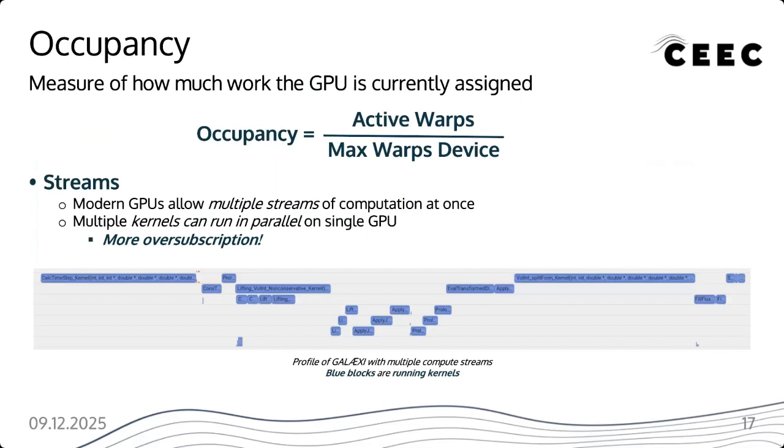So here's a little profile of GALÆXI that shows the timeline of a time step in our code. If you're unfamiliar with NVIDIA Insight profiles, the little blue bars are the runtime of a kernel. And you can see here in this chunk that I've outlined in red, we're using our streams to run concurrent operations and hide some operations behind a larger, more computationally expensive operation.